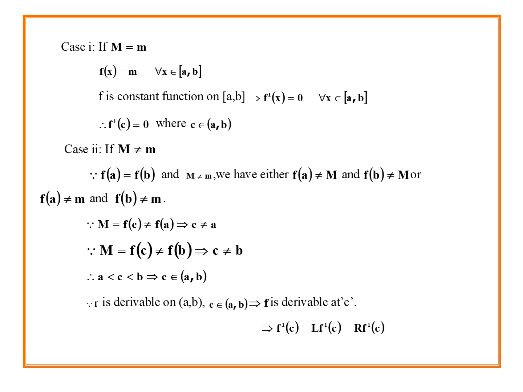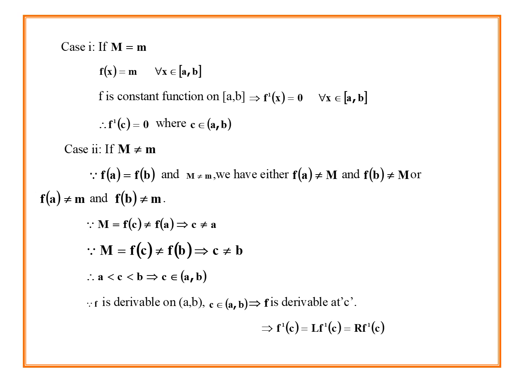If supremum is equal to infimum, which means capital M is equal to small m, then f(x) is equal to, taking the infimum, small m, for all x belonging to closed interval [a,b]. f is a constant function on closed interval [a,b], which implies f'(x) is equal to 0 for all x. Therefore, f'(c) is equal to 0 where c belongs to open interval (a,b).